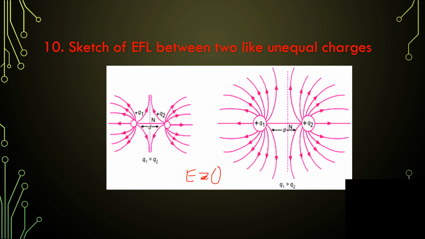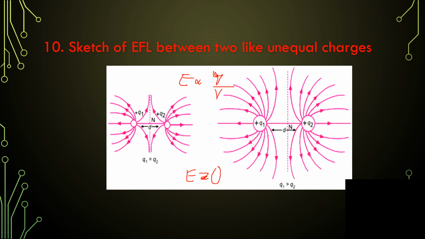When will it be equal? We know that the charges are not equal. If the charges are not equal, the distances should not be equal. But E1 must be equal to E2. We know that E is directly proportional to charge and inversely proportional to distance.